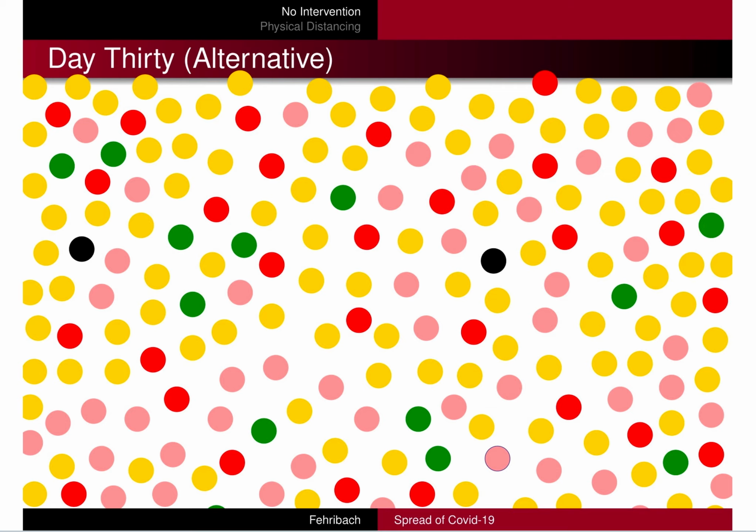If we change things a little, this alternate view comes into play. And the difference between the initial view on day 30 and the alternate view is that a bunch of pink circles have gone to green. And in this alternate view, we have a lot more people who are recovering from the virus.